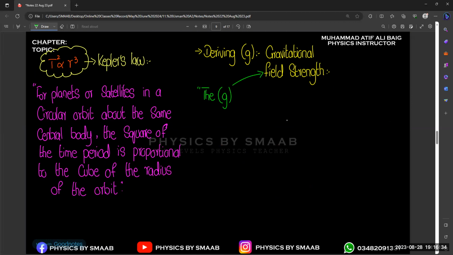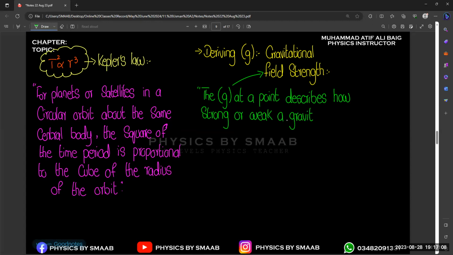The gravitational field strength at a point describes how strong or weak a gravitational field is at the point. So this is the definition of gravitational field strength.